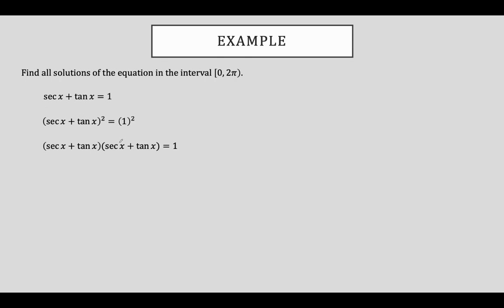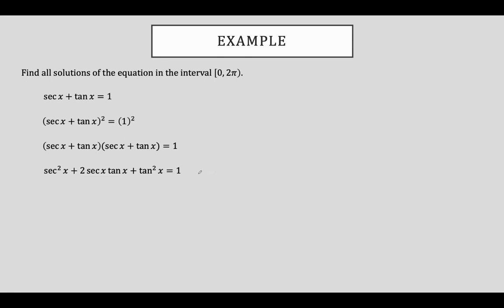Secant x times secant x will give me secant squared x. Notice my outer and inner terms: I have a secant x tangent x plus a secant x tangent x. That gives me 2 secant x tangent x. And my last terms, tangent x times tangent x, give me tangent squared x. Secant squared x plus 2 secant x tangent x plus tangent squared x is equal to 1.